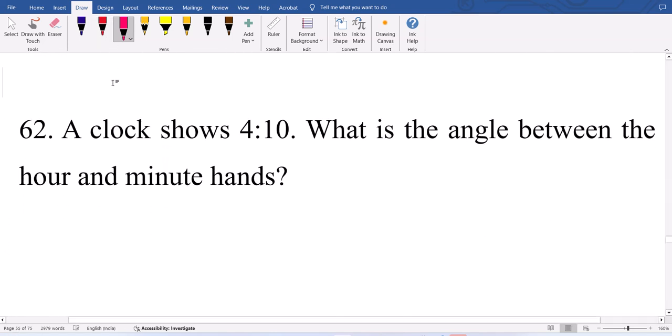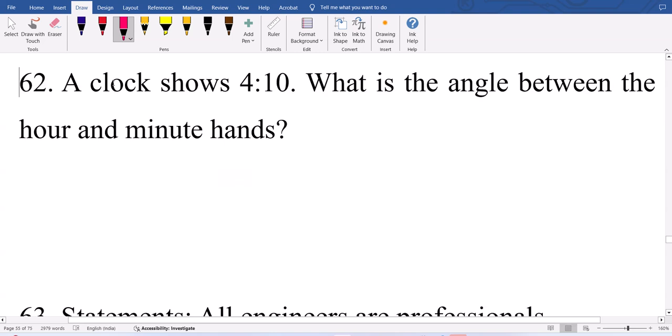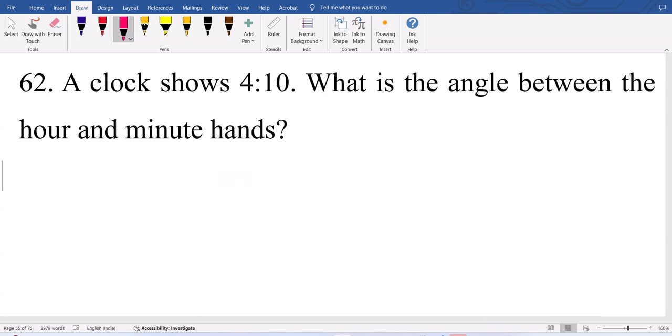Angle between hands at 4:10. At 4:10, what is the angle between hands? We have to calculate minute hand and hour hand. Minute hand, each minute 6 degrees. How many minutes are there? 10 into 6, 60 degrees is the minute hand. Guys, listen, you have to calculate the angle between hands.